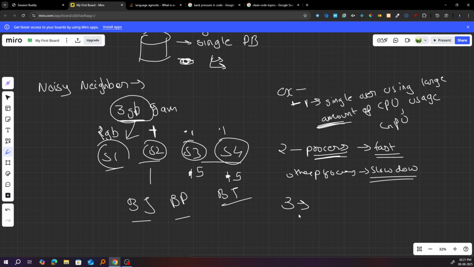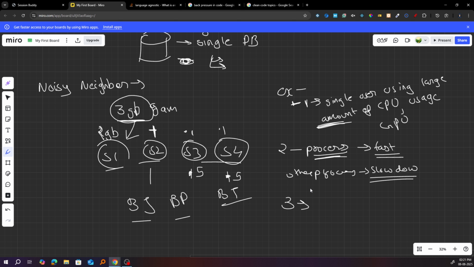This single process will run faster, but the other processes will of course slow down. Now what is the third? The third is one application consuming a large amount of network bandwidth, causing other applications to experience reduced throughput. Throughput, we have already learned what throughput is. In a single period of time, how many requests an application or server can serve. That is what throughput is, right?